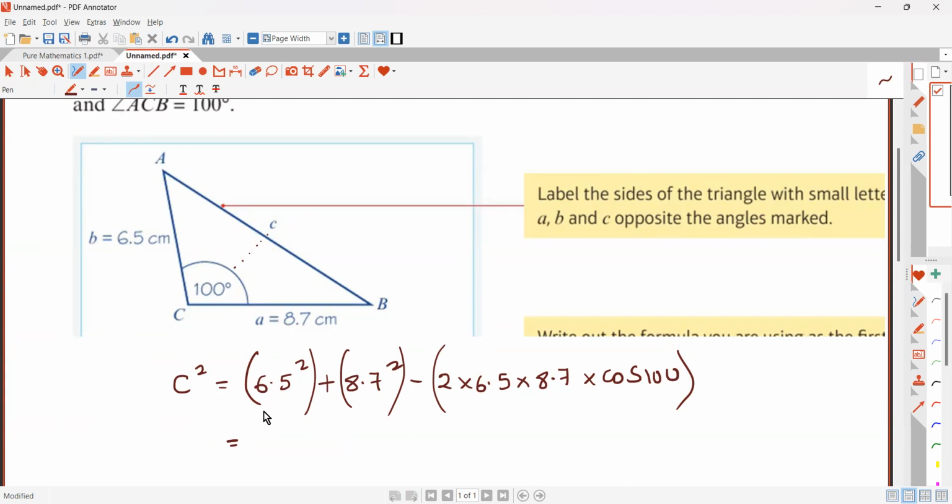So now, can I tell you what is 6.5 square? How much? 42.25 plus what is 8.7 square? 75 point something, right? Minus. Oh no, sorry. Minus. Can I have this, the whole thing? Just don't give me the negative value. Don't put the negative value in the calculator.